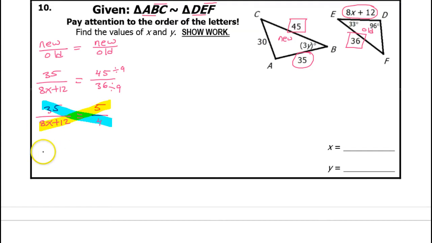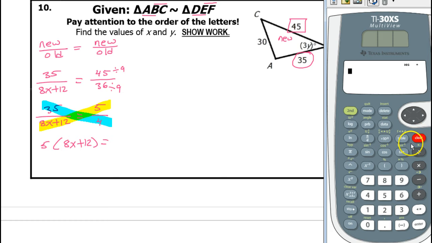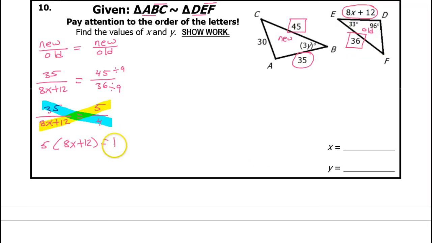So if I multiply along the yellow diagonal, I'm talking about 5 times 8x plus 12. And then multiplying along the blue diagonal, let's see, what is 4 times 35 anyway? That's 140. So we have to do the distributive property. So that's going to be 40x plus 60 is equal to 140.